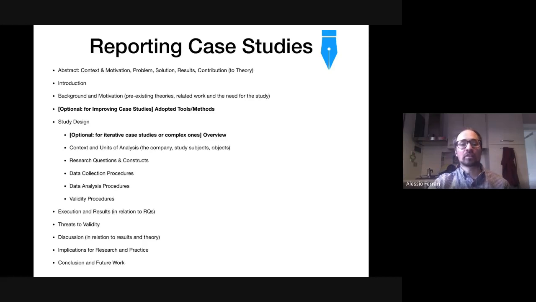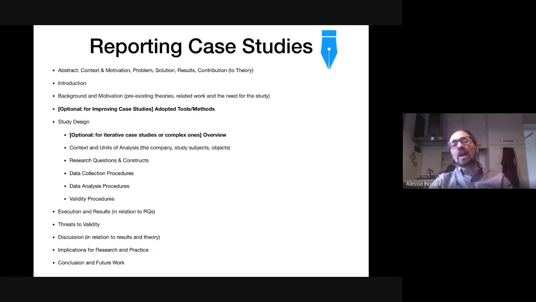So you consider your results, you discuss them, but you also link them to the theory that was at the beginning, and you explain how your work actually extends the theory. Now you remember from our diagram that we had the theory before and after the study. And then implication for researcher practice and conclusion and future works.